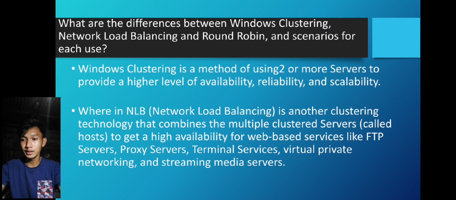So the next question is, what are the differences between Windows clustering, network load balancing, and round robin, and the scenario for each use? First, Windows clustering is a method of using two or more servers to provide a higher level of availability, reliability, and scalability.